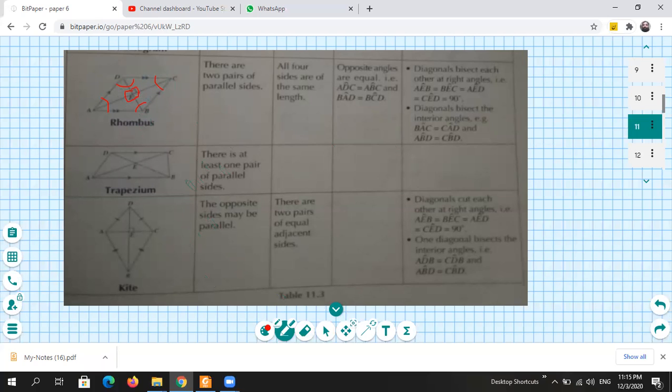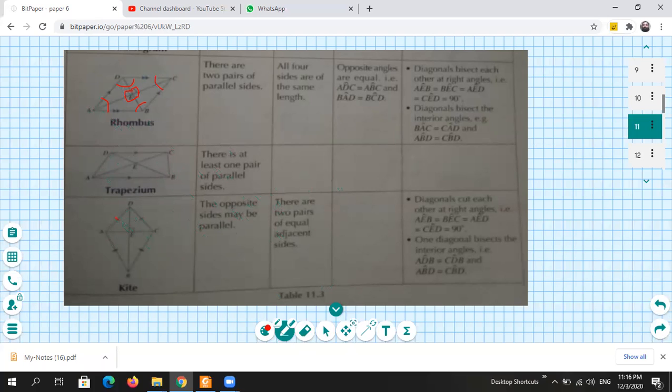Okay, next quadrilateral is the trapezium. In a trapezium, only one pair of parallel sides exists. Like AB is parallel to CD, whereas AD and BC are not parallel. Also, AB is not equal to DC. Kite. A kite is a quadrilateral in which adjacent sides are equal.